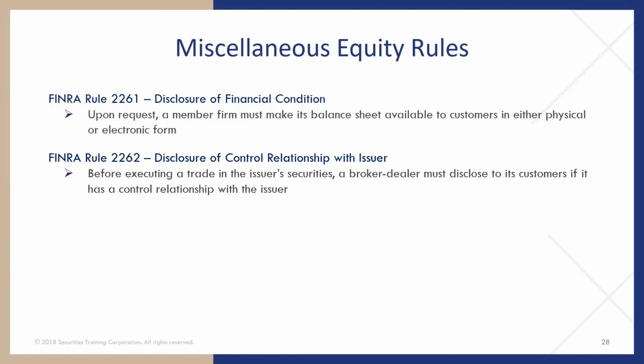Merrill Lynch is owned by Bank of America. Well, you have a requirement to disclose, hey, you're buying shares of Bank of America and Bank of America owns my company, Merrill Lynch, that I work at. If the brokerage firm is a publicly held company or subsidiary of a publicly held company and the client is going to buy shares, you must disclose it to them. And please remember, you must disclose it not afterwards, but before or at the time.